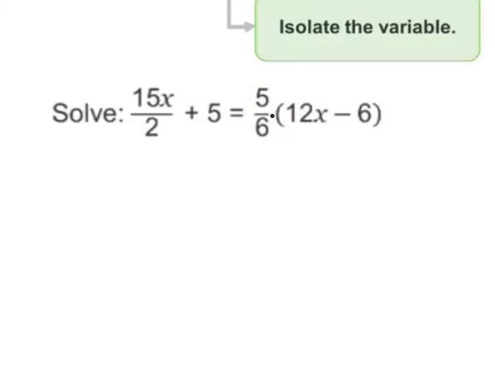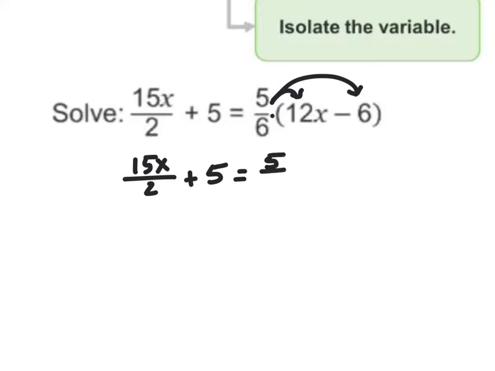So what I want to do is multiply each of those through and evaluate, okay? Let's write our next step, which is going to be 15x over 2 plus 5, and that's going to equal 5/6 times 12 over 1 times x, and then minus 5/6 times 6 over 1.